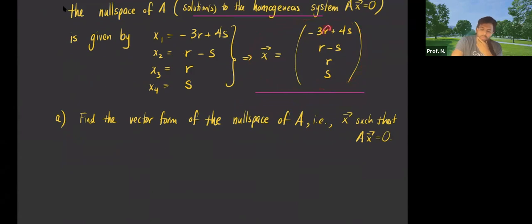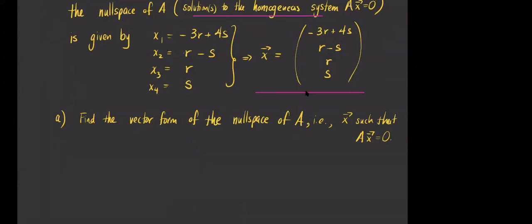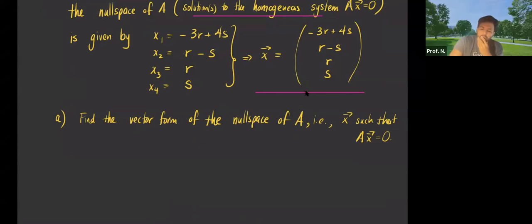But as you notice, there's a lot of R's and S's here, right? What are the R's and S's here called? Free variables. Right. R and S are the free variables. We sometimes call them the parameters as well.